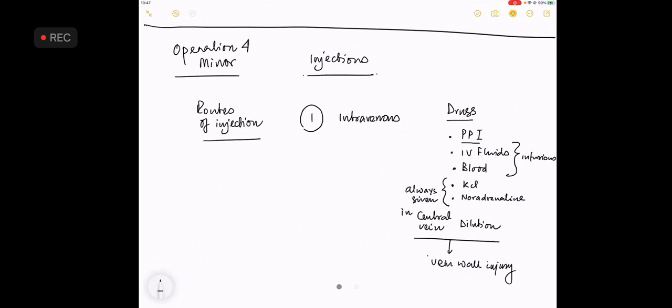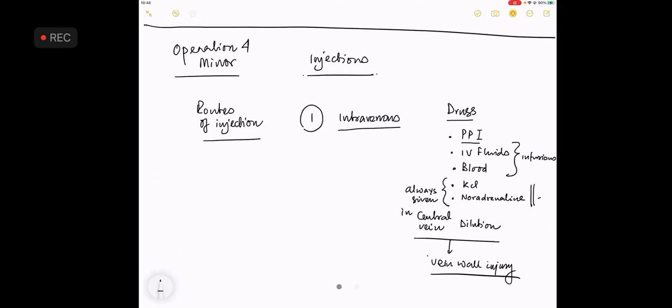Hence, please remember that in clinical practice, never give a potassium chloride injection or noradrenaline in a peripheral vein. Things can get really bad. So what is important is potassium chloride and noradrenaline are given in a central vein, which you are not required to know in MBBS. What is a central vein catheterization? This is not in your syllabus.